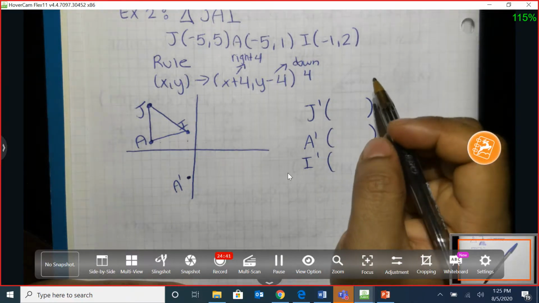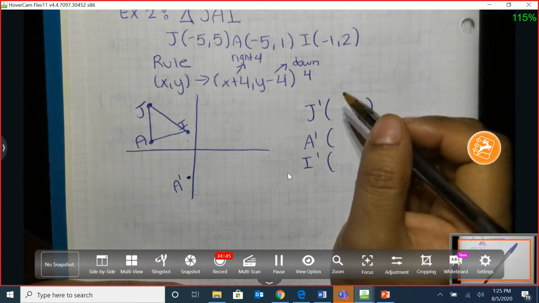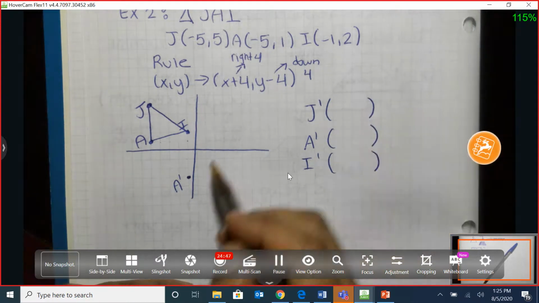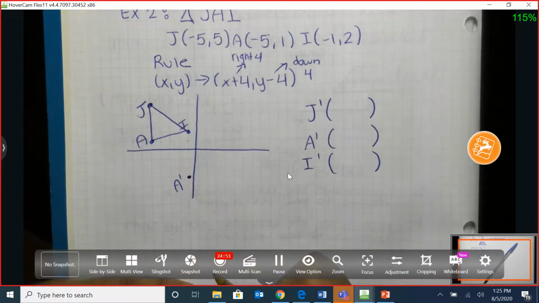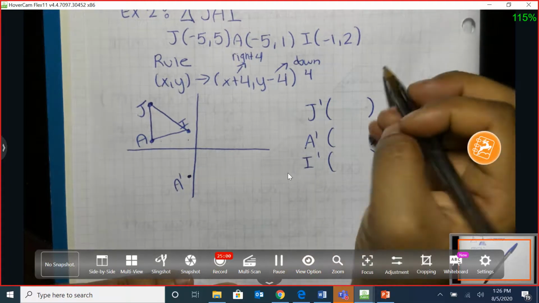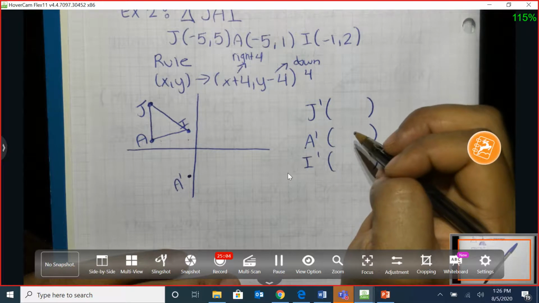No one yet? I don't see a response in the chat, or nobody's talking to me. So where did it land? Where's the new point now? Tell me the coordinate point. Three.